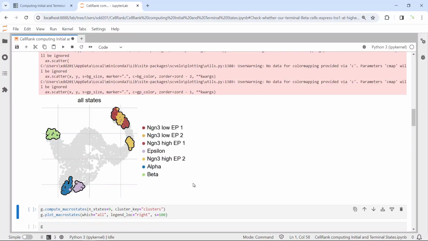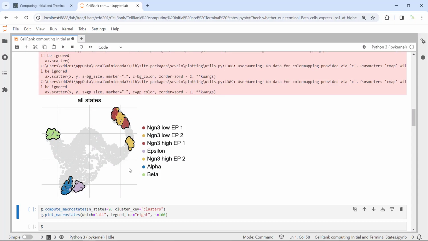So when we set n_states as 7, we identify the 7 cell clusters. But you can see here in this dataset, we have a terminal state cell cluster, delta cells. If we set n_states as 7, we didn't identify the delta cells.